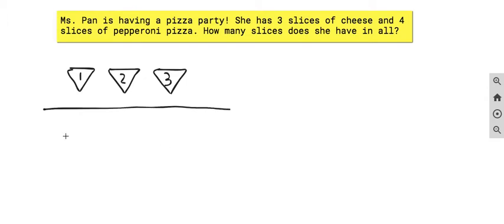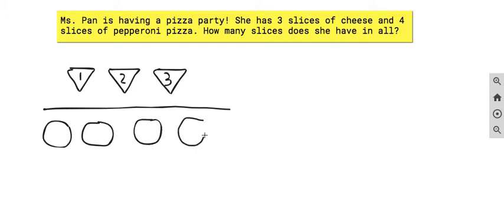And she also said to make 4 of a different shape. So we're going to use circles. 1, 2, 3, 4. Remember, we're using 4 circles because there were 4 slices of pepperoni pizza. We're using 3 triangles because there were 3 slices of cheese.